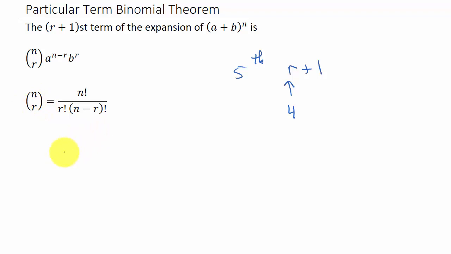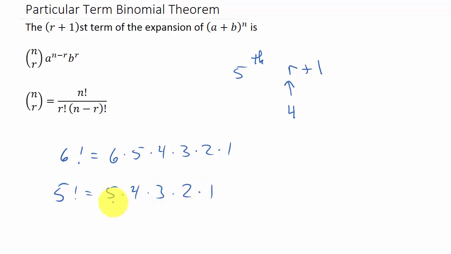If you have, say, 6 factorial, that's 6 times 5 times 4 times 3 times 2 times 1. 5 factorial would be 5 times 4 times 3 times 2 times 1, which is 120. But that's what factorial is.